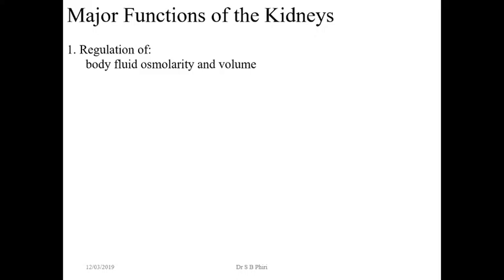That concentration of solutes is controlled by the kidneys because the kidneys are involved in secretion. So if a particular ion or electrolyte has increased in circulation, the kidneys will excrete much of it. So it controls the osmolality of the fluids, and at the same time is also controlling the volume. What do I mean?